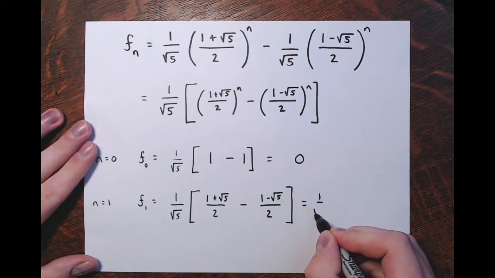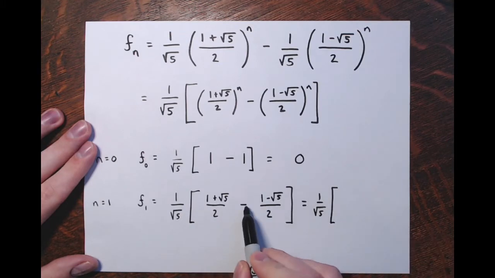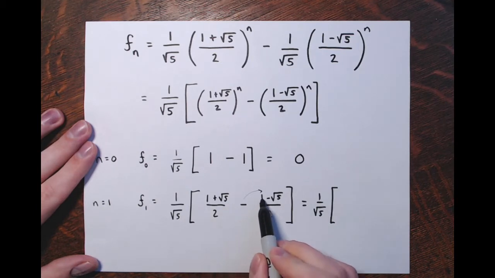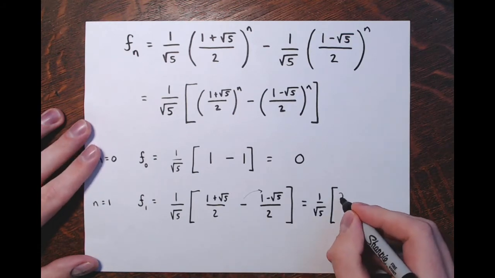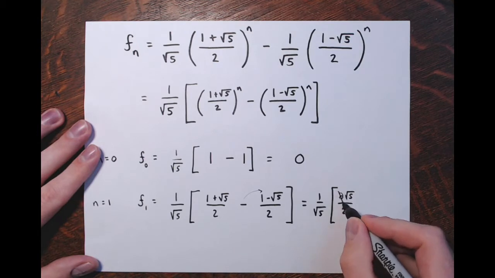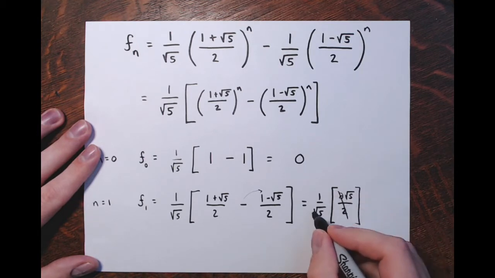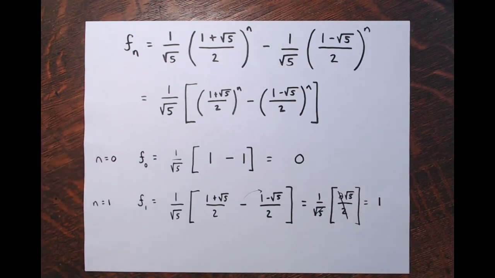This will be 1 over the square root of 5 times, putting these together, you have to distribute the negative, because you're subtracting all that numerator. So 1 minus 1 is nothing. Then root 5 minus negative root 5 would be 2 root 5. And then you have a common denominator of 2. So this just becomes square root of 5 over the square root of 5, which cancels, and you're left with 1. Hey, that matches as well.